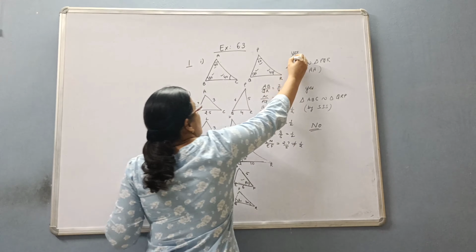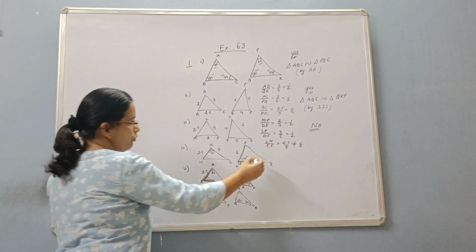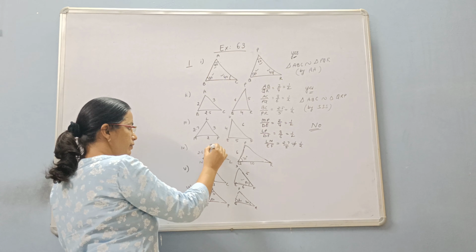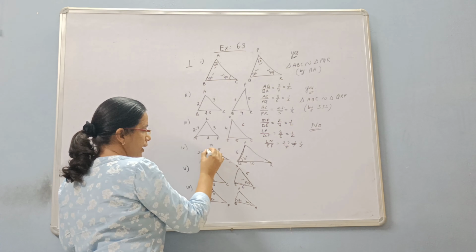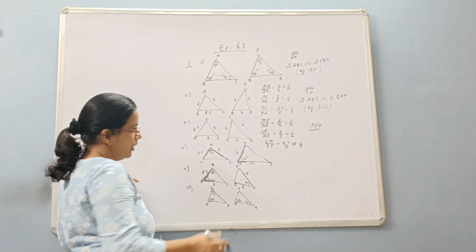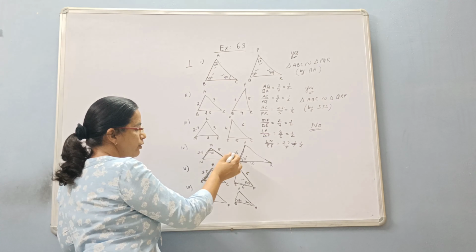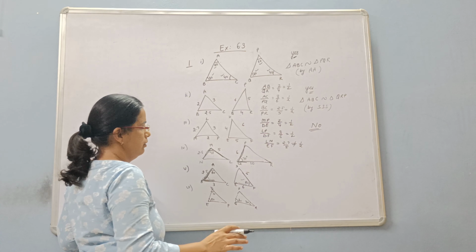Okay. So, this is our part number 3. Now, let's come to part number 4. Here you can write, see, the two sides are given and the angle between them is given. So now the angle between the two sides is equal, 70. But 5 2s are 10. Okay. But 2.5 2s is not 6. Sides are not proportional. Okay.